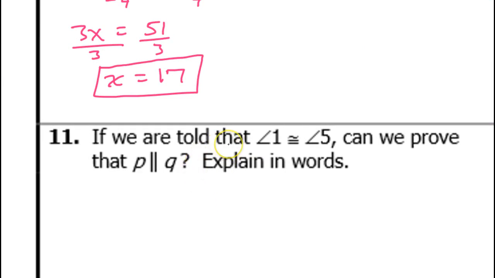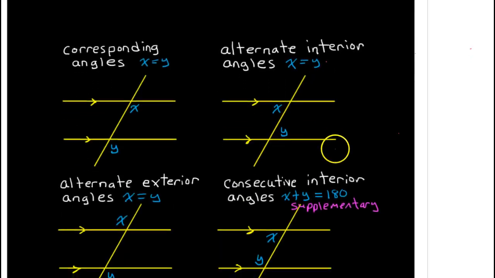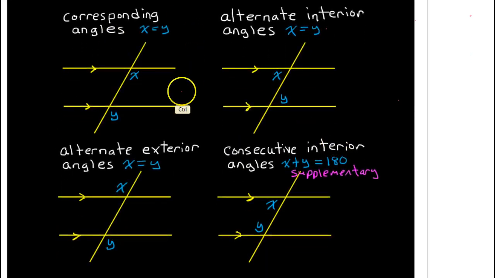Okay, if we are told that angle 1 and angle 5 are congruent, can we prove that the lines are parallel? Before I even look to see what they are, let's review the notes that we spoke of earlier in the video. These properties are only true if the lines are parallel.